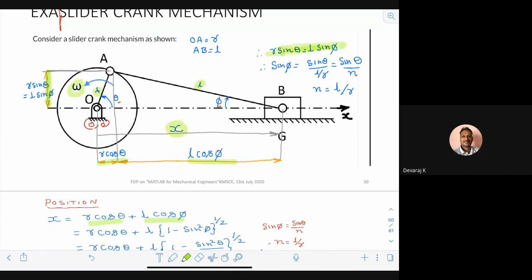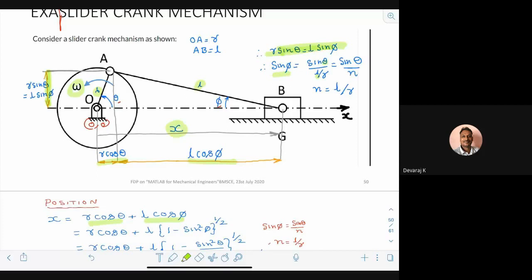Therefore, sin phi is equal to sin theta divided by L by R, and that becomes sin theta divided by N, where N is taken as L by R, not to be confused with RPM. Those of you who have solved a lot of balancing problems, primary inertia force F is equal to ma, and acceleration involves sin theta plus sin 2 theta by N. That N is L by R there and not RPM. Omega is separately taken care of.